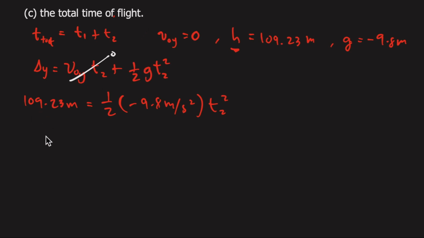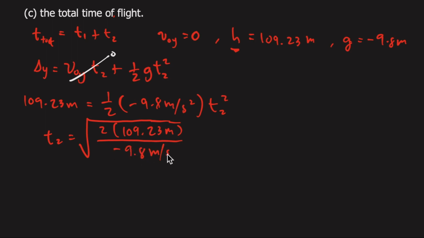Now to isolate time, time 2 is equal to the square root of 2 times 109.23 meters divided by negative 9.8 meters per second squared.